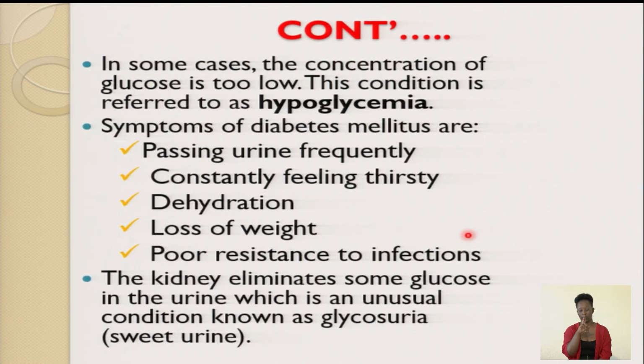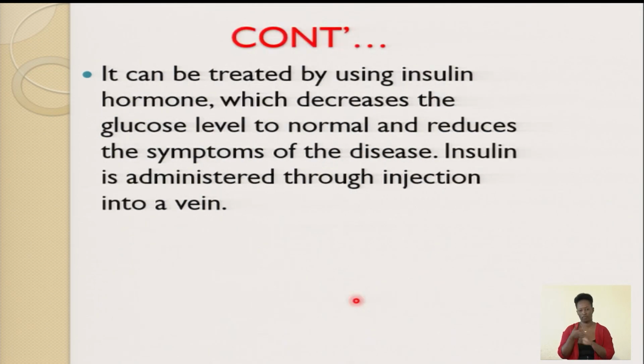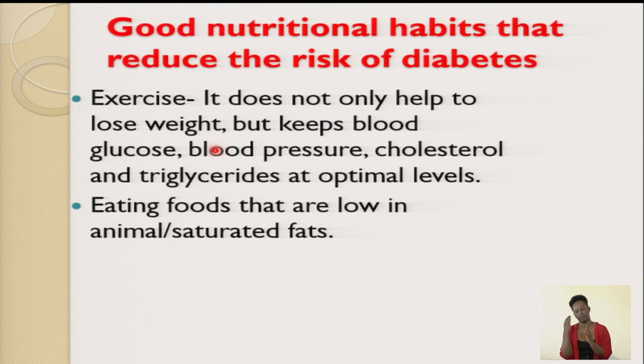These are the signs and symptoms: passing of urine frequently, constant feeling of thirst, dehydration, loss of weight, and poor resistance to infections. That can lead to glucosuria. It can be treated by using insulin hormone and other measures.